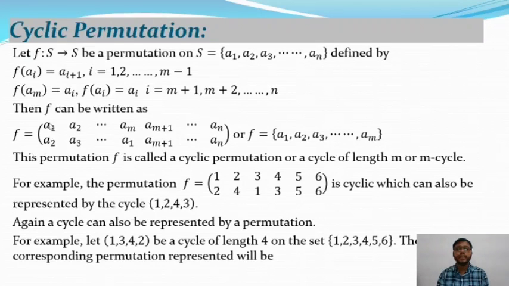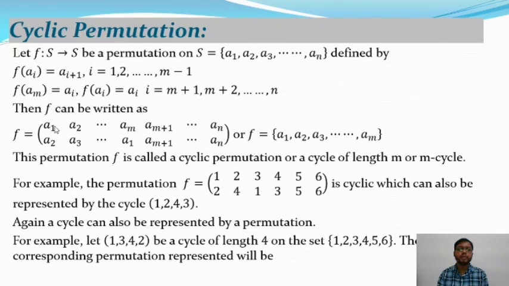Then F can be written as, since F is a permutation with n elements, the permutation F equals the elements in the first row a1, a2, up to am, am plus 1 and up to an, and the elements corresponding in the range set are a2, a3, up to a1, am plus 1 and up to an.